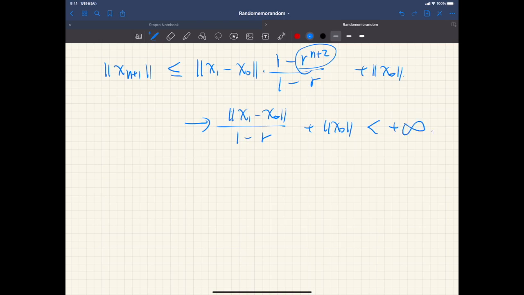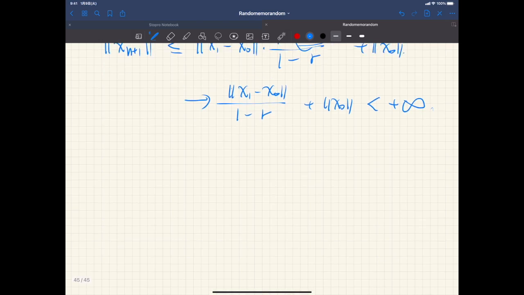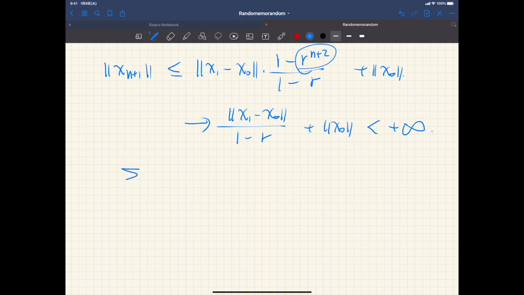So if you remember a previous lemma, then this indicates that this summation converges. xn plus 1 was this summation, right? k from 0 to n of xk plus 1 minus xk.